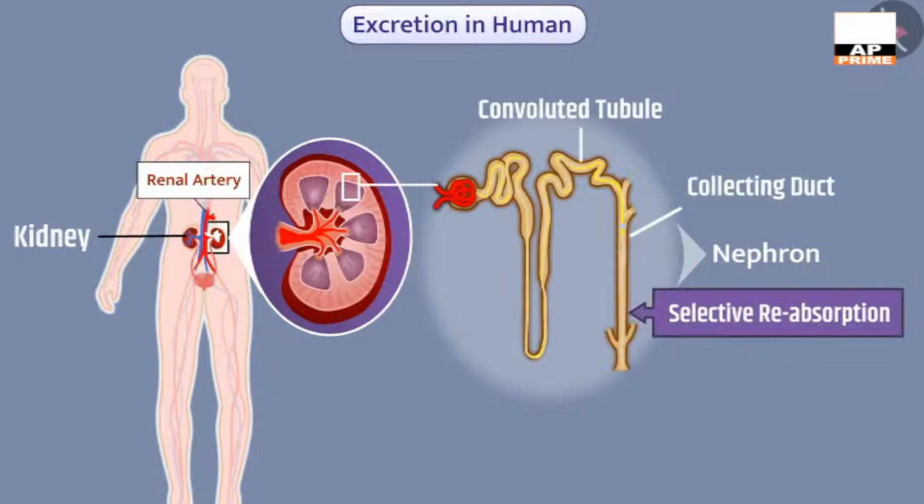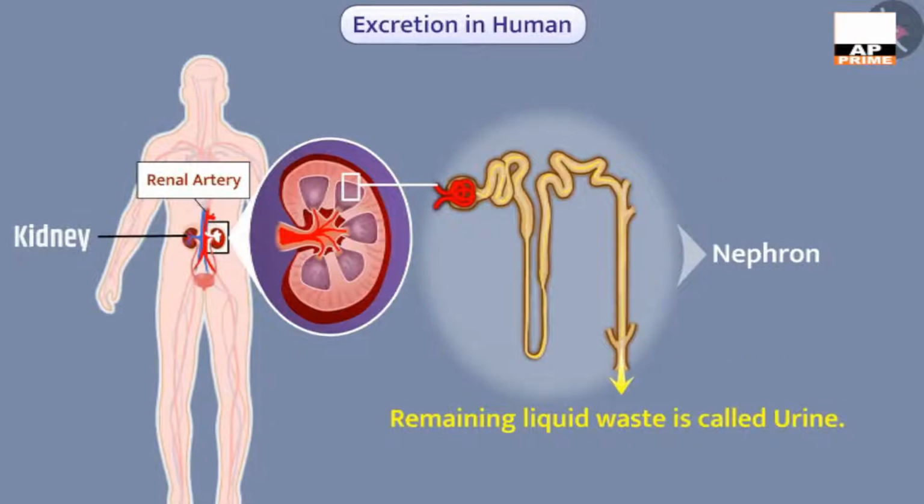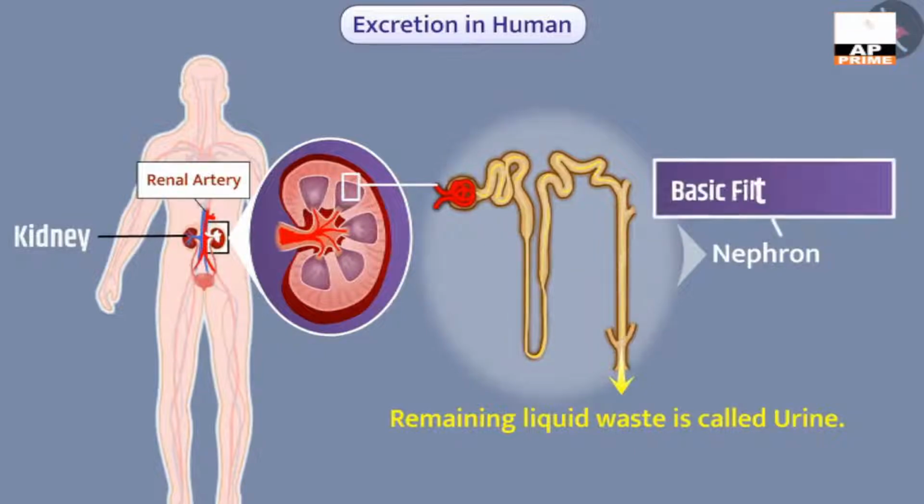The level of absorption depends on the need of water in the body. The remaining liquid waste is called urine. Since the filtration in the kidney is performed by the nephron, it is called the basic filtration unit.